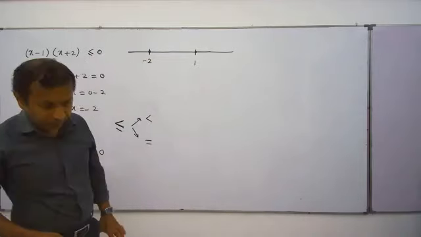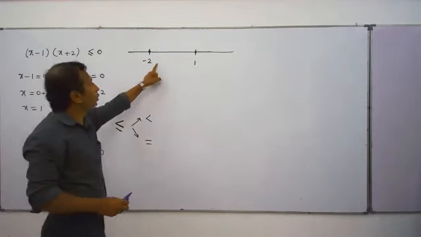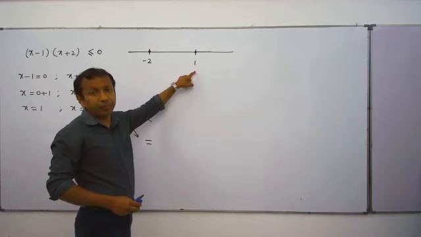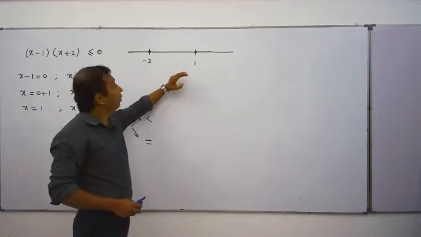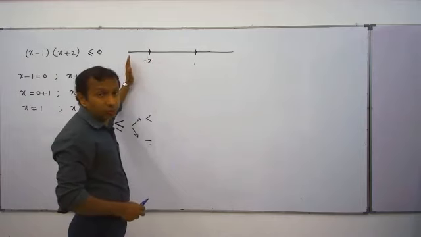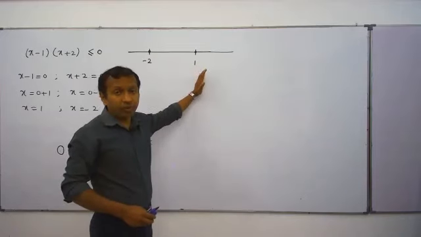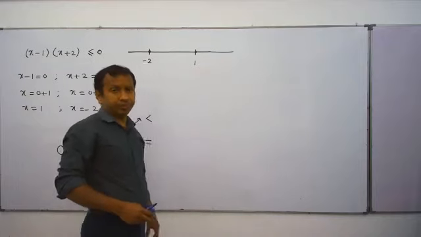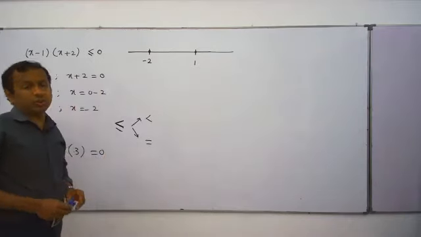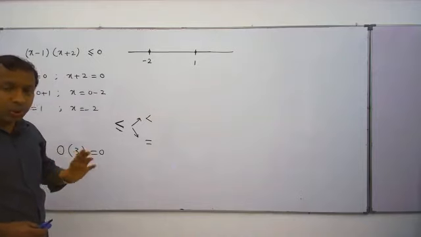Now you can very clearly understand, after marking these two numbers on the number line, there are three regions on the number line: the region on the left of minus 2, the region between minus 2 and 1, and the region greater than 1. Now what we do is this.